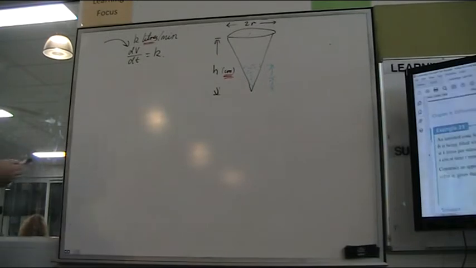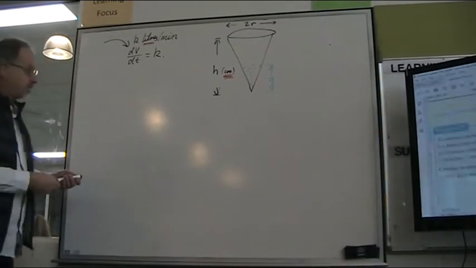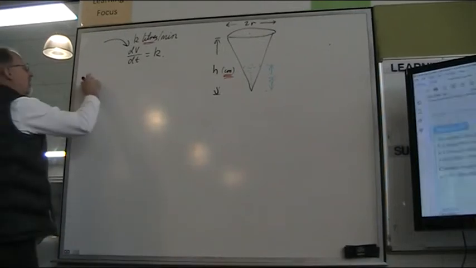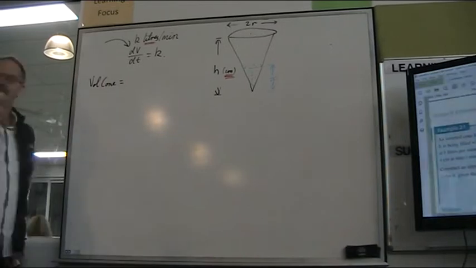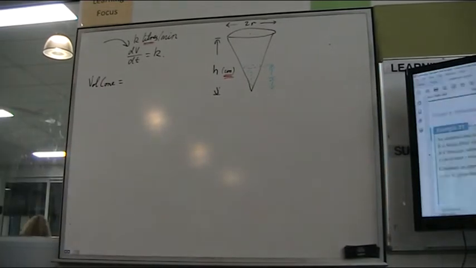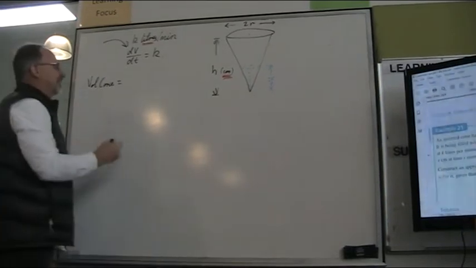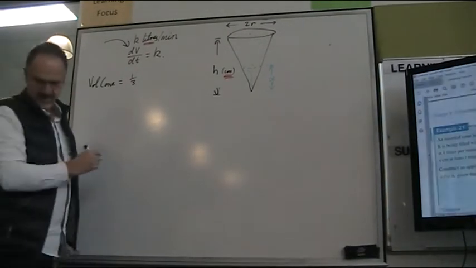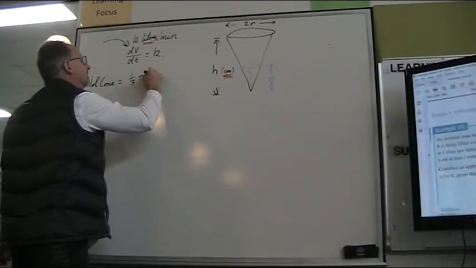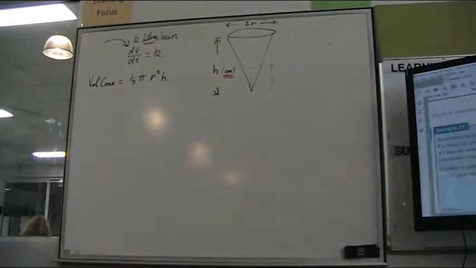We can figure out the volume of a cone, and this is on your formula sheet at the front, those things that you always wonder why they are there. So it's 1/3 pi r squared h, so we know the volume of the cone.